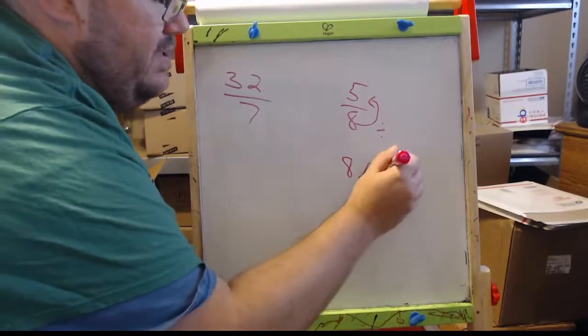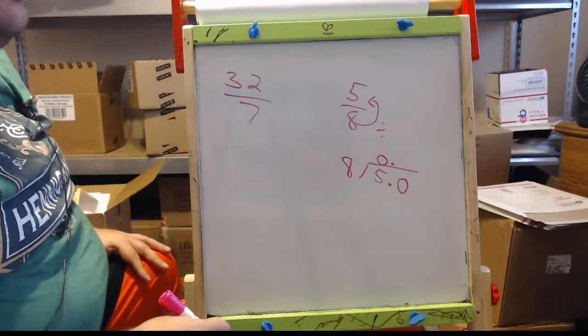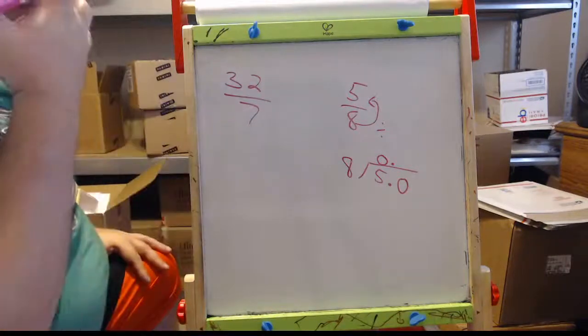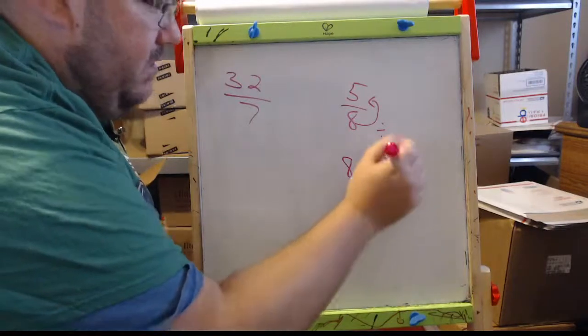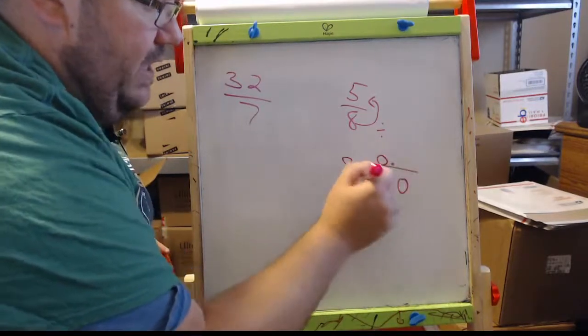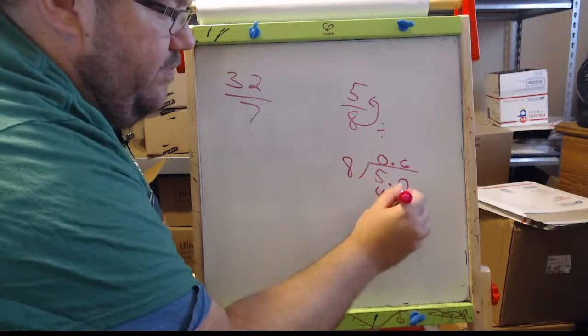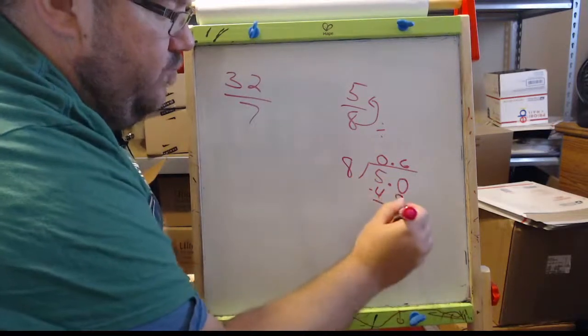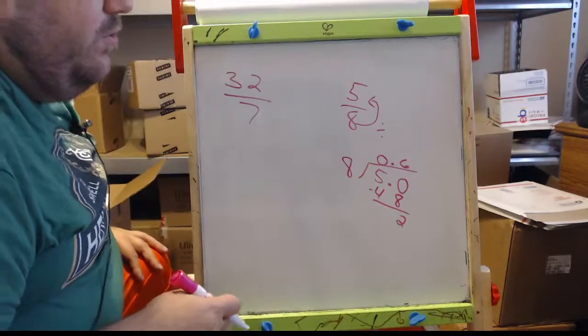Then we put in a decimal because we've got to add a 0 there. Now, 8 goes into 50. Ignore the decimal, just bring it up. 8 goes into 50 6 times. 6 times 8 is 48. So 50 minus 48 is 2.